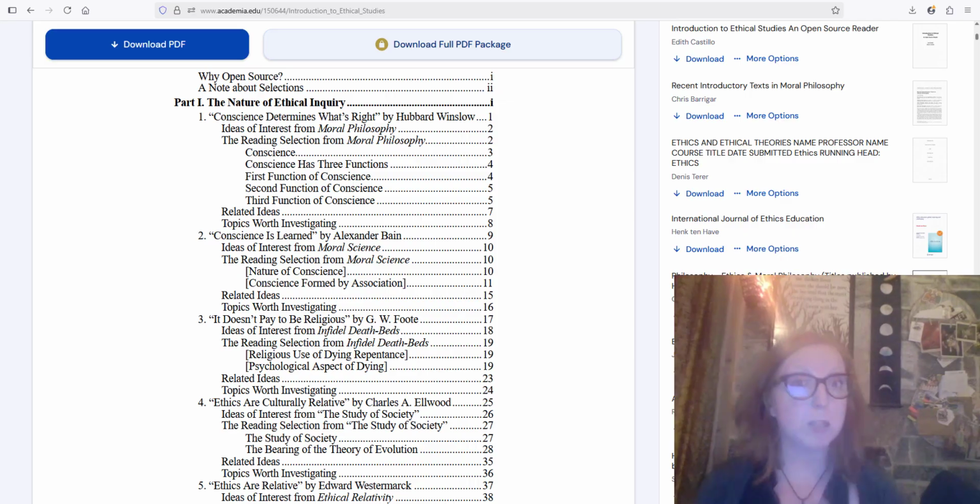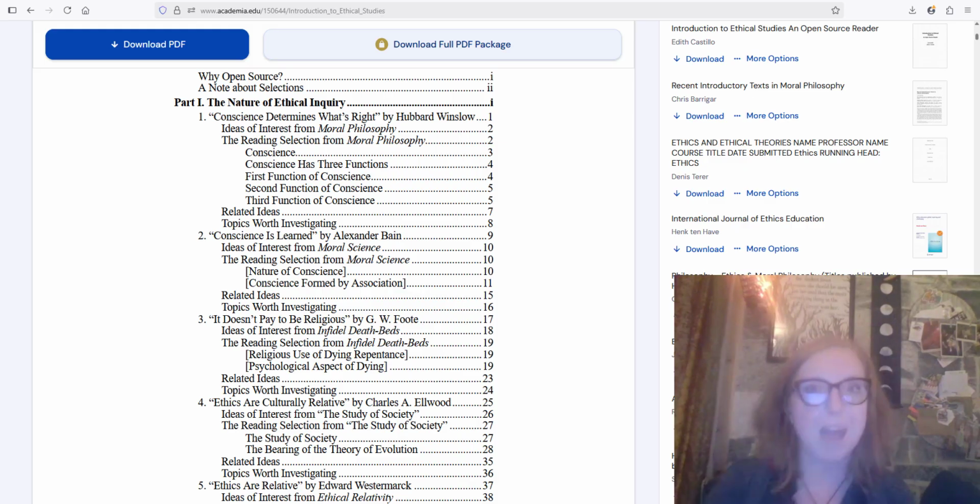So if I have the choice between the PDF or an ebook and just an HTML page with no page numbers, I'm always going to go with the PDF because I can then point my reader to the exact page in that book where I got the information that I'm summarizing, paraphrasing, or quoting.